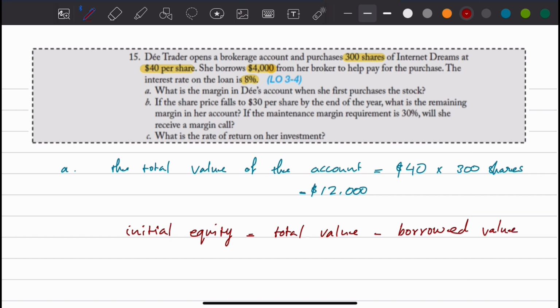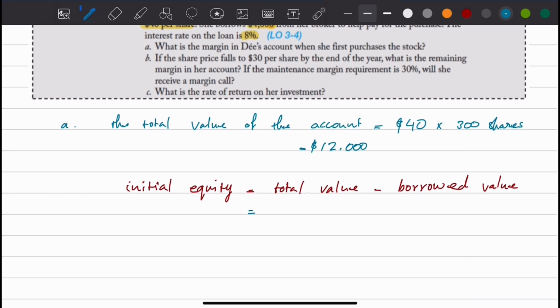Okay, that means it's going to be $12,000 minus $4,000. That means the initial equity is $8,000.